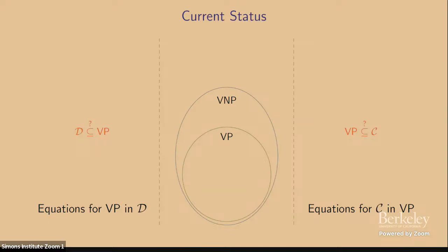Is there some VP equation that covers VP? As I had mentioned, Forbes, Shpilka and Volk show that the class that has VP natural proofs is not contained inside powering. You need to go bigger than powering, at least depth 3 powering.